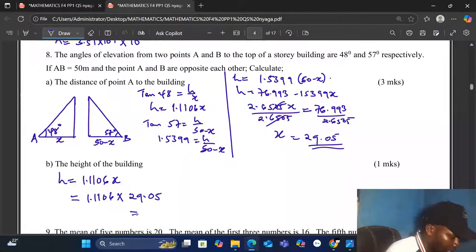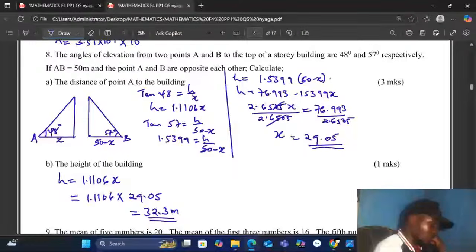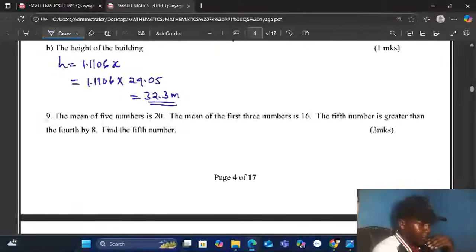So our answer becomes 32.3 meters. So that is the height of the building. That's simple.